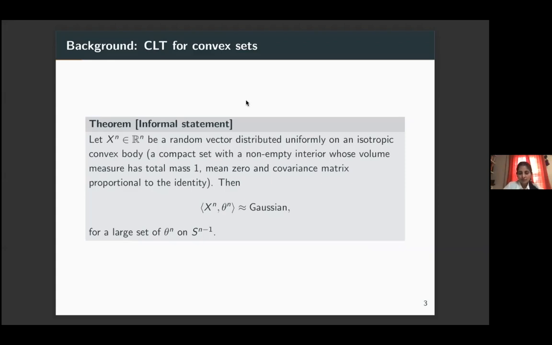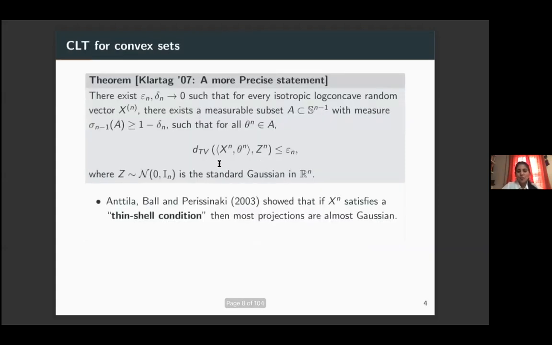So of course, Anttila, Ball and Perissinaki showed that if X_n satisfies what we call a thin shell condition, then most projections are almost Gaussian, right?